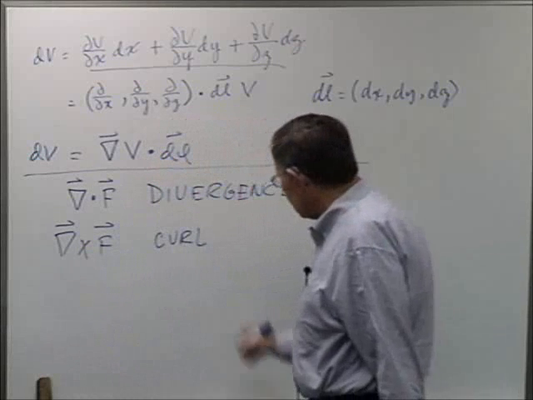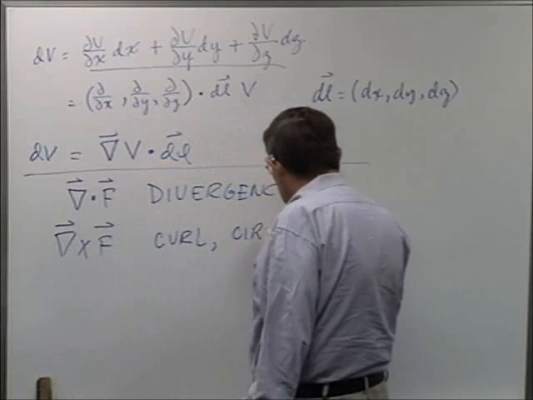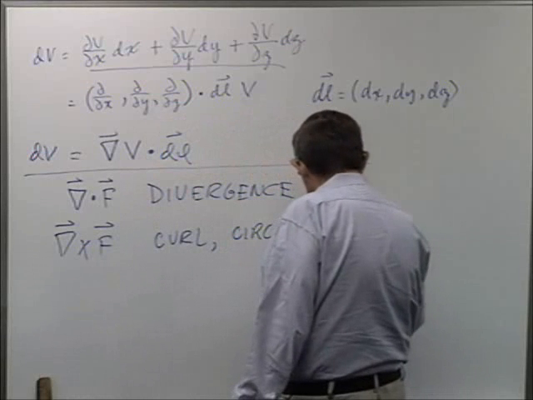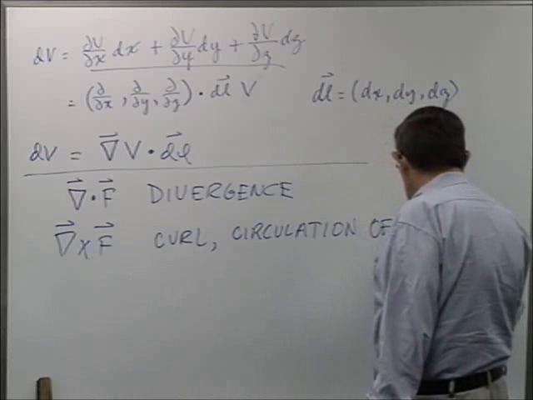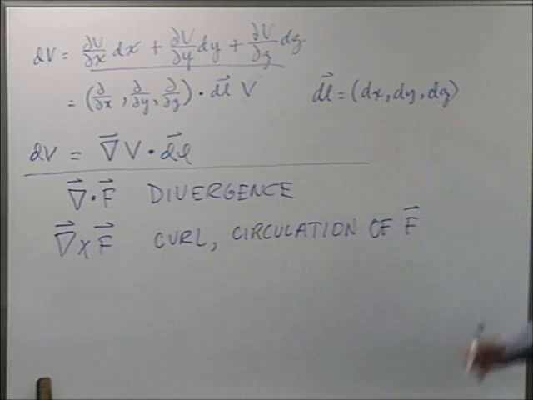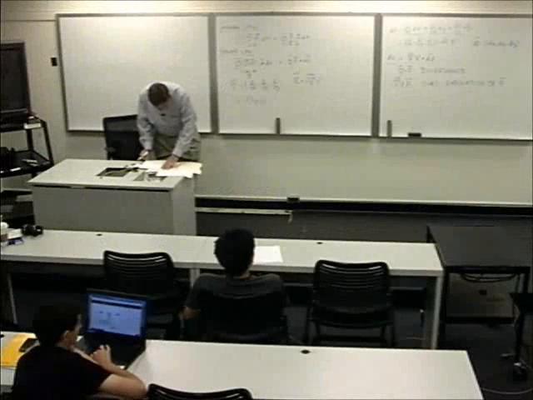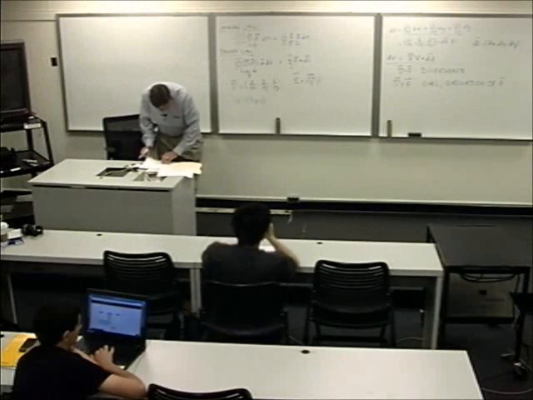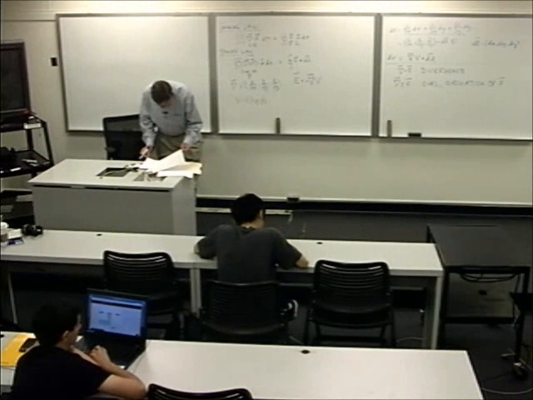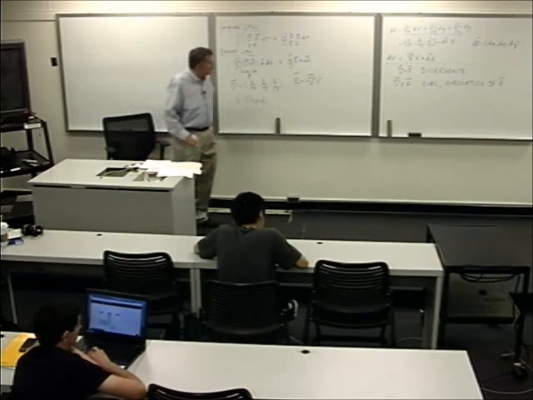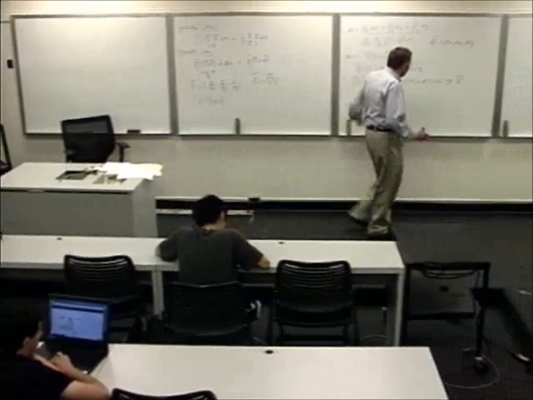It's called the curl, and sometimes it's called the circulation of the field. Okay, how do you calculate a cross product?